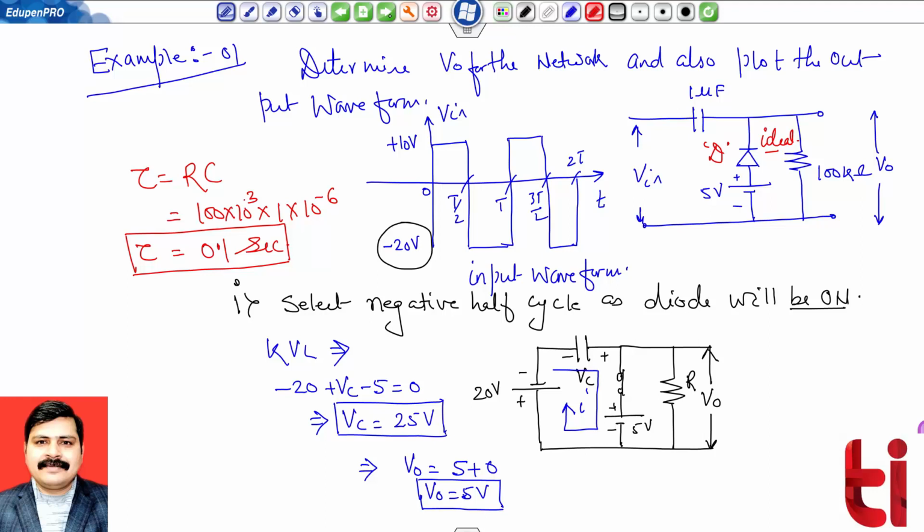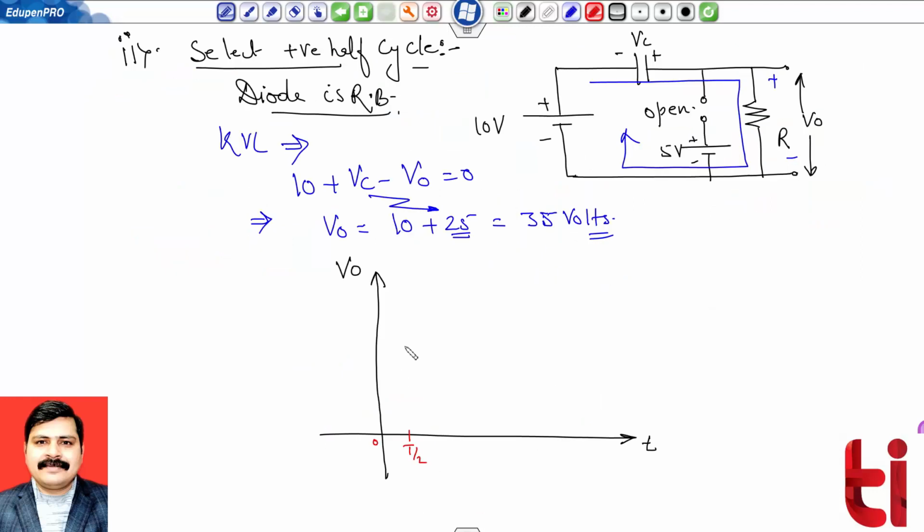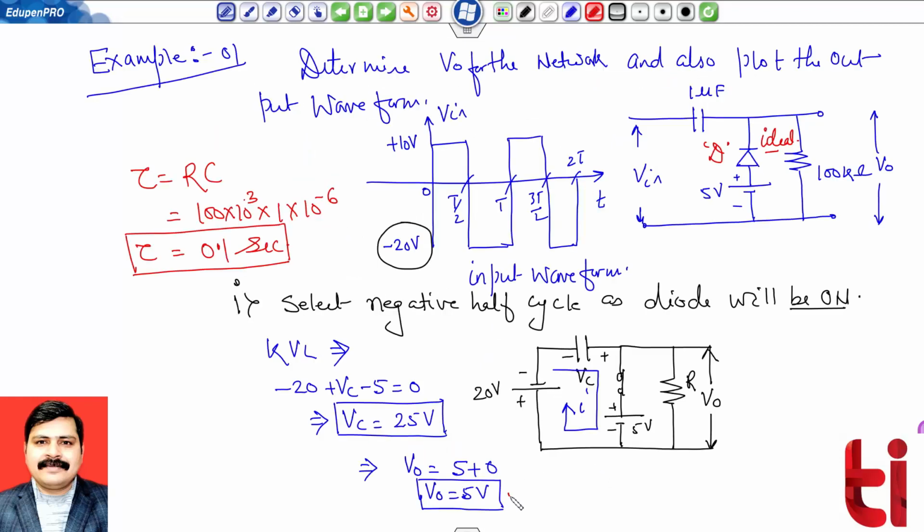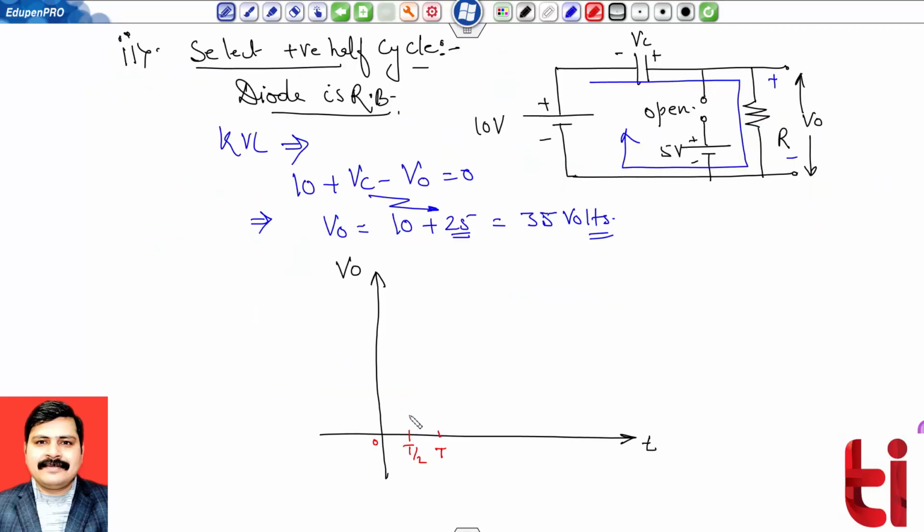Okay, so let's draw the output waveform now. So in the next half cycle, that means from T by 2 to T, we have determined the output voltage of 5 volt. So mark the value of 5 volt over here. And then for next positive half cycle, that means from T to 3T by 2, we have just determined the value of it is 35.